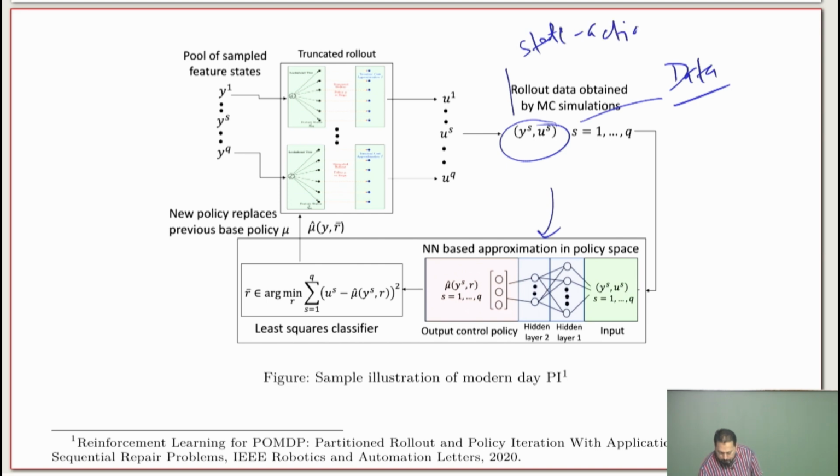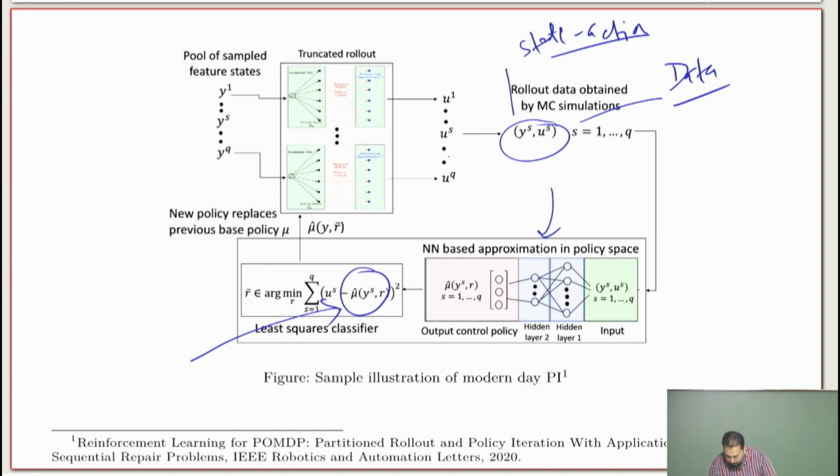This we did in the last class. Basically we generate these state action pairs, and with this we can fit a neural network, and that can be a predictor of an action. So this becomes our predictor, and this is predicting the control. Here the labels are u^s, which come from the sample.